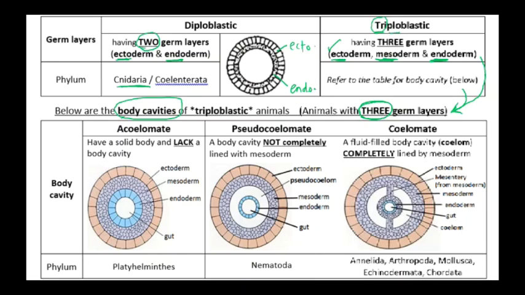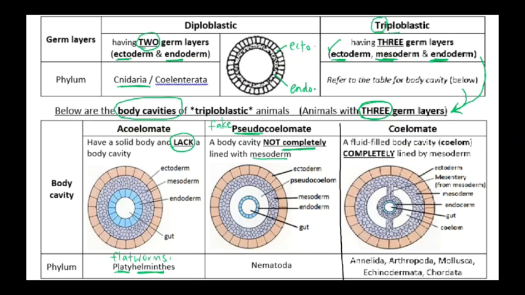We start with the first one that lacks a body cavity. It has 3 germ layers, but it does not have a body cavity, and this is the phylum Platyhelminthes. They are the flatworms. So they have 3 germ layers, but no space to put the organs.